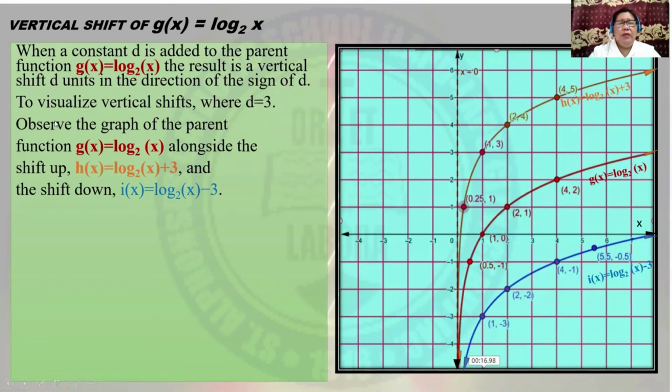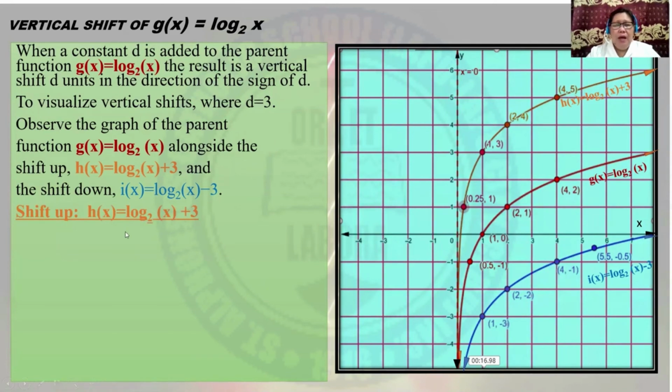To visualize vertical shifts where d is equal to 3, let us observe the graph of the parent function, which is g of x, alongside the shift up, h of x is equal to the log of x to the base 2 plus 3. And shift down, i of x is equal to the log of x to the base 2 minus 3.